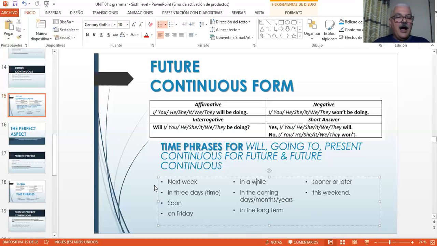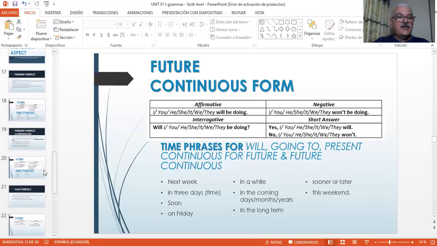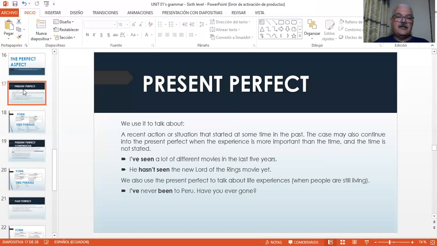Now, let's see the perfect aspect, which is together with the idea of the notion of time, in this case expressed through tenses, okay? So, the first one, when we are talking about aspect, will be the present perfect, okay?